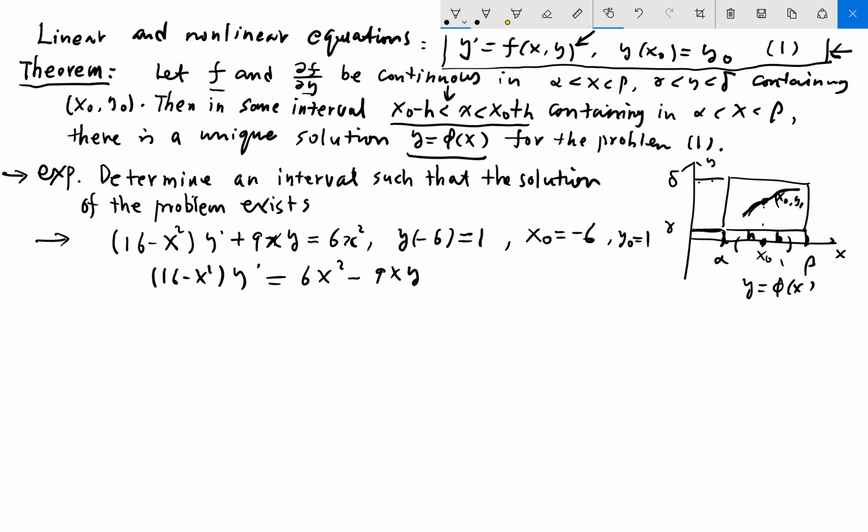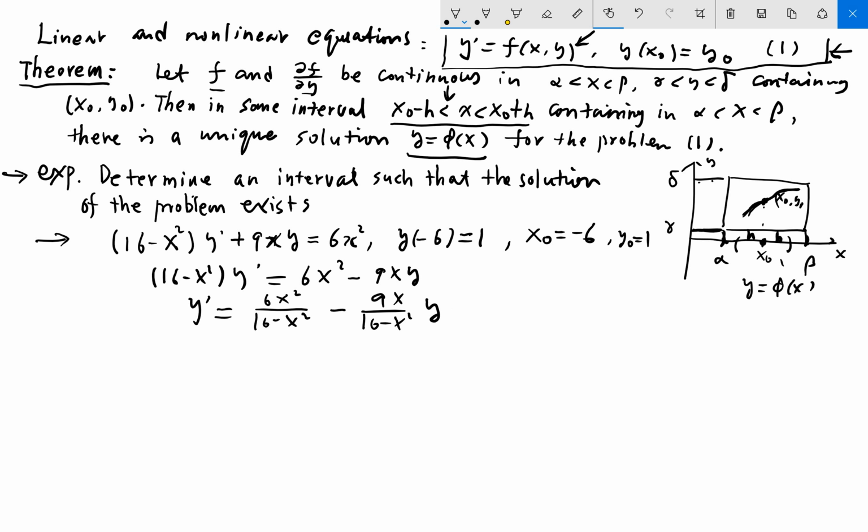Then we divide by 16 minus x squared on both sides. We got 6x squared divided by 16 minus x squared, minus 9x over 16 minus x squared times y.